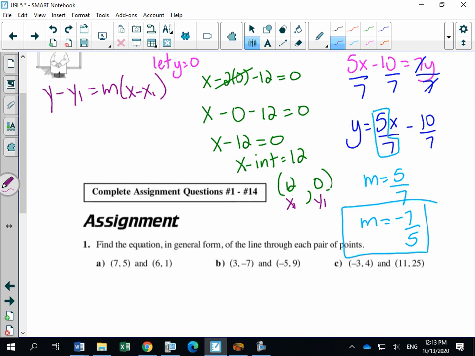And you guys, instead of writing y minus 0, what could I just write? Y. Yeah, you could write y minus 0, but that's just y. So we'll write, say that again, Rebecca? No, you would not lose a mark. Nope. So y is equal to the slope, which is negative 7 over 5, x minus 12.